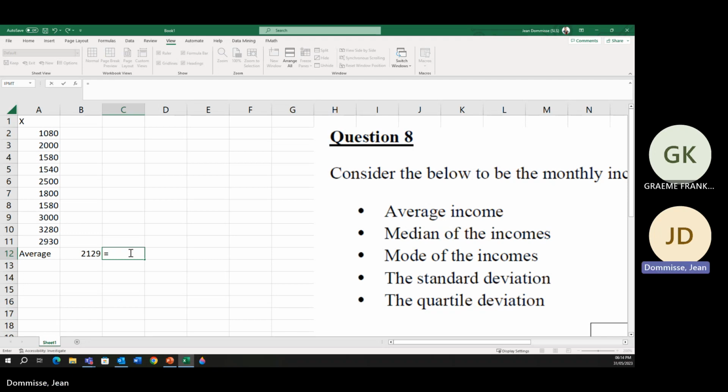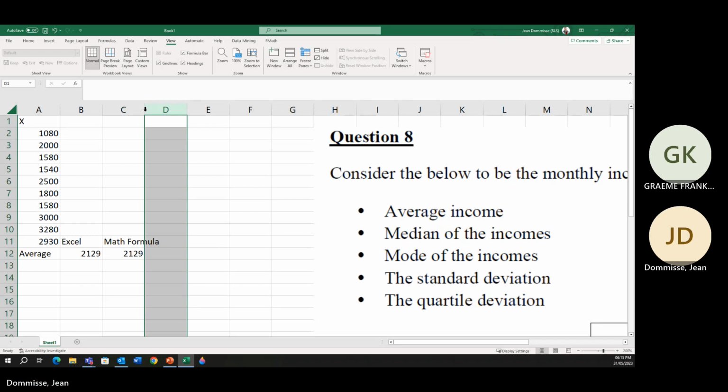Normally we would take the sum of all the values and divide it by how many values there are, so the count of values. You will see that whether we use Excel or the maths formula, we get the same answer.